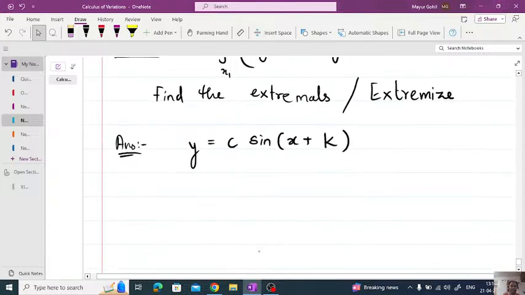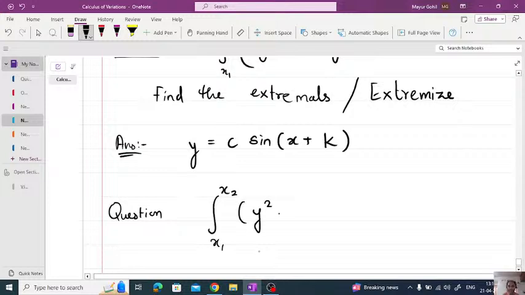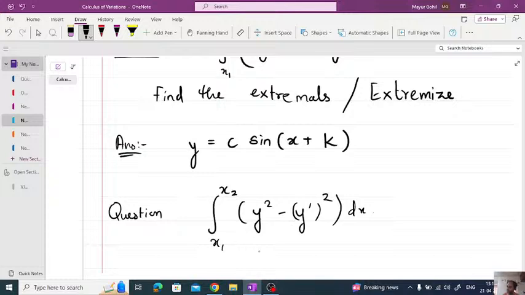The another question you can take is again extremize integral x1 to x2 of y square minus y dash the whole square dx. You have to extremize. Okay.